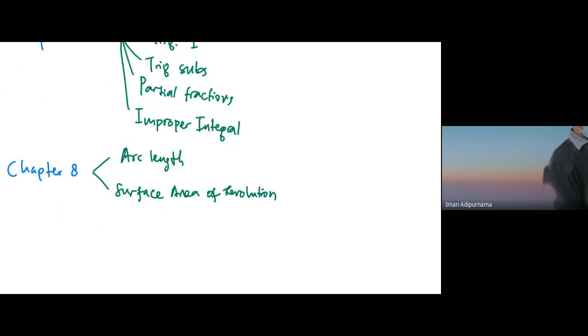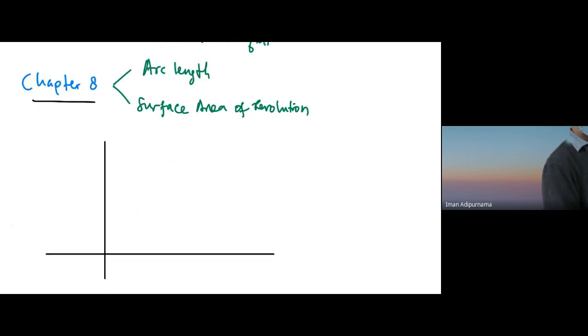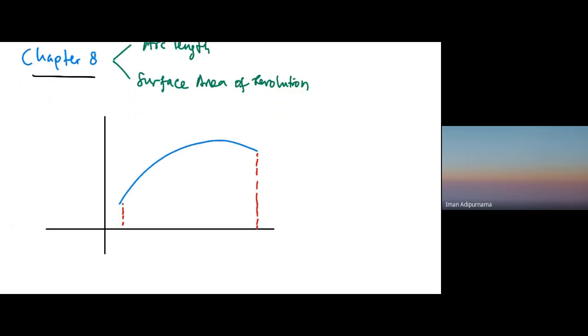If we look at chapter 8, this is actually still about the integral. This is just an overview, so you have some idea of what happens. In the integral, we have this area under the curve, right?